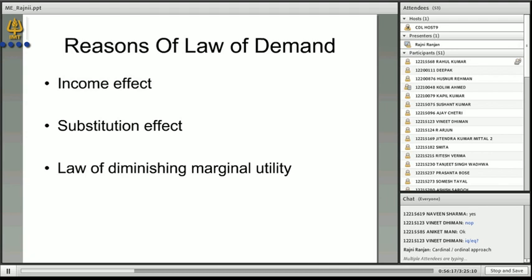Both approaches have their own significance. When we convert utility into a quantitative characteristic, it involves a lot of psychometric and psychological testing, which we need not go into here.